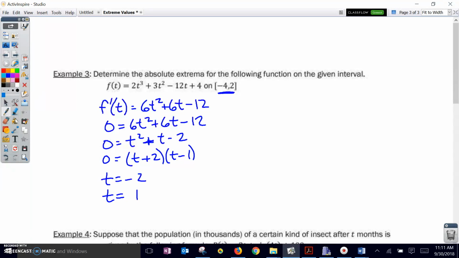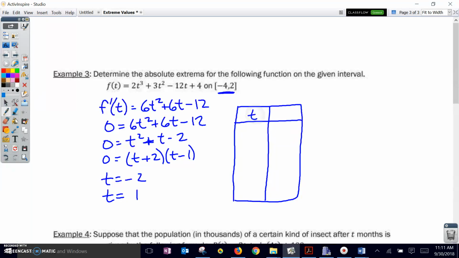So to determine the absolute extrema, I'm just going to make myself a little table here with my t values and the value of f of t there. The places that I need to consider as candidates to be absolute extrema are the endpoints and the critical points in the interval. And so I'm going to find the value of the function for all of those t values.